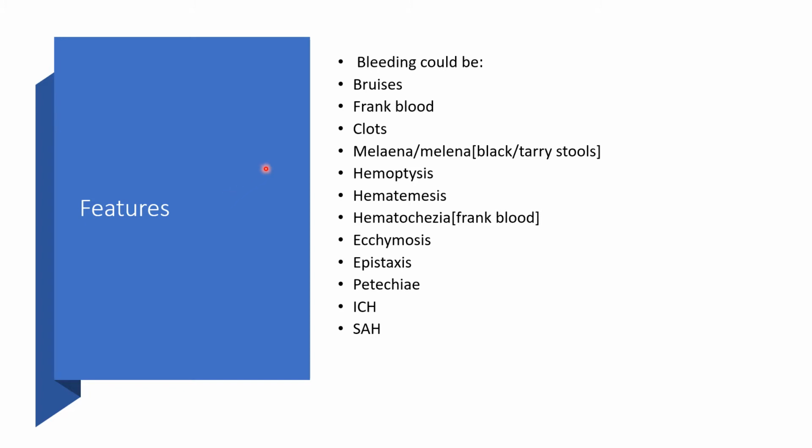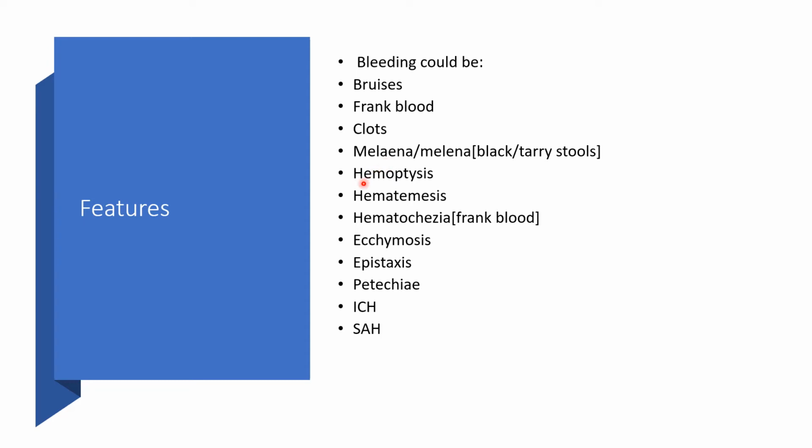Other features to briefly consider before going through the list: bleeding could present as bruises, like being described, or frank blood, or you can see clots, or your stool is black and tarry.